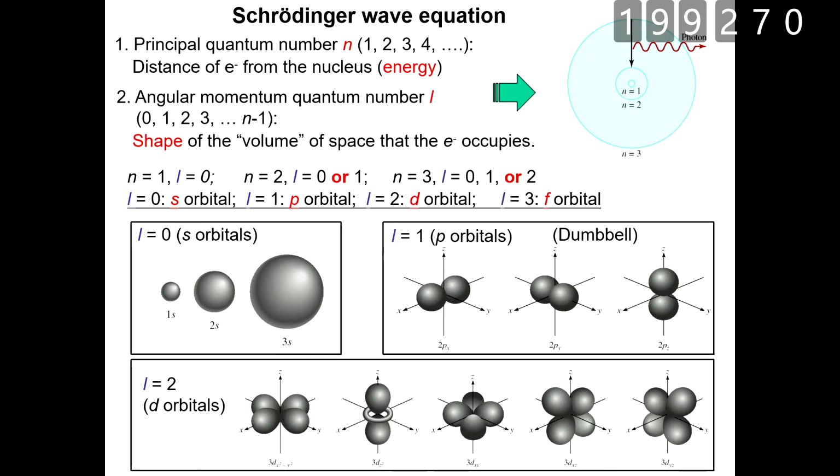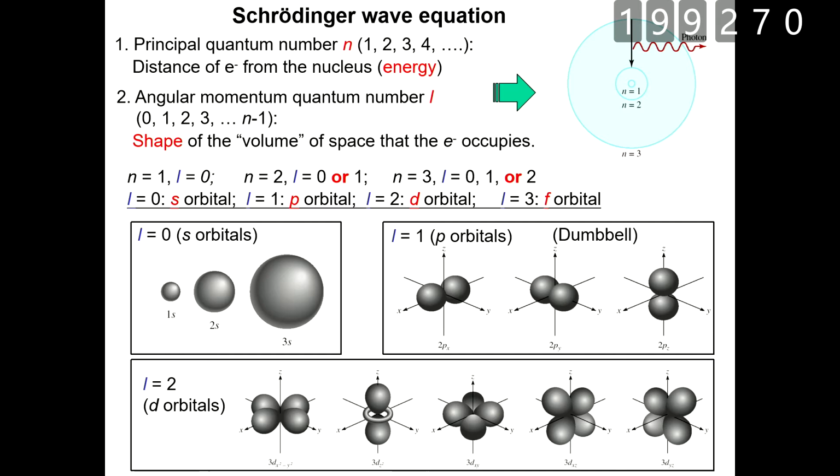So before we introduce the third and the fourth ones, we should know more about what n and l are. n we say is 1, 2, 3, 4, right? Here this is the center, the nucleus, and the outside are electrons. We can simply say the electrons can move here, and here, and here.